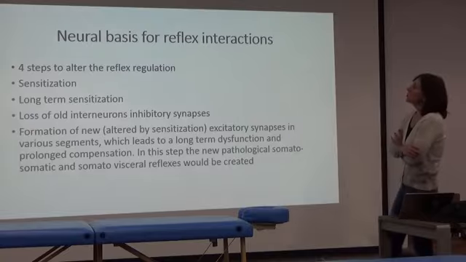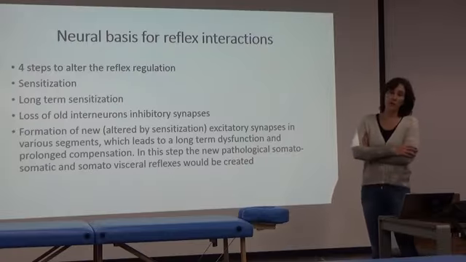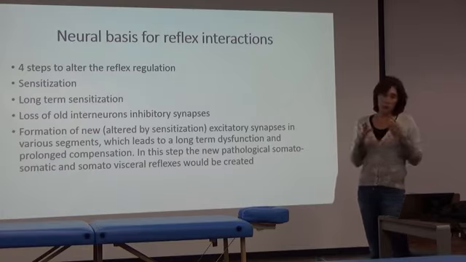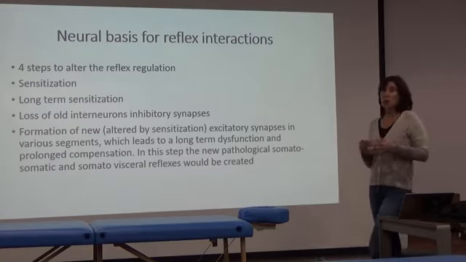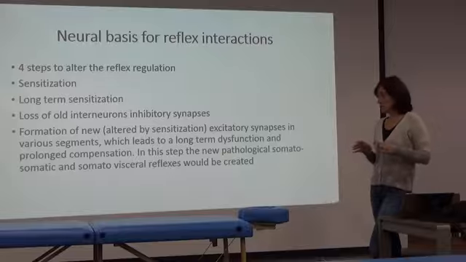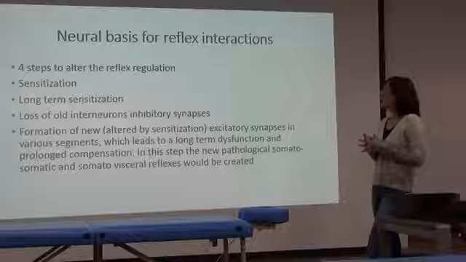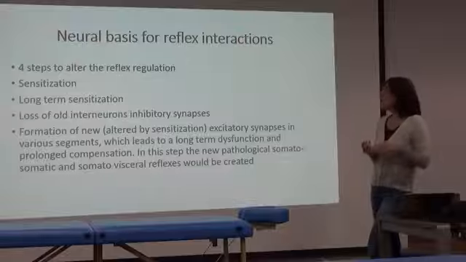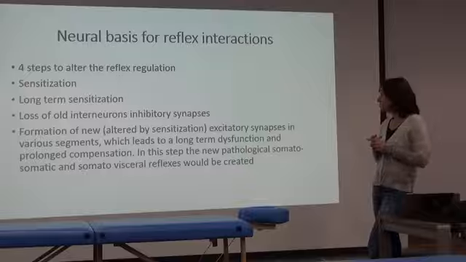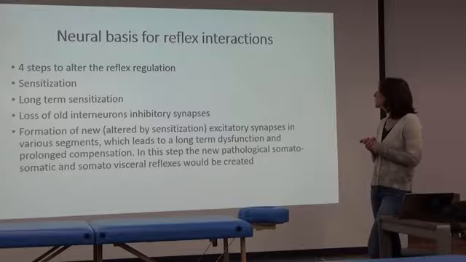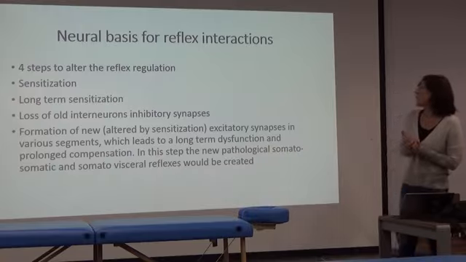There are 4 steps to alter the reflex regulation. Again, normally the stimulus comes in, should be regulated on this special level of the spinal segment, discharged, dealt with, and discharged completely, and going back to the normal reflex activity. Then we have altered reflex when we have sensitization, long-term sensitization, loss of old interneuron inhibitory synapses, and formation of new excitatory synapses in various segments, which leads to a long-term dysfunction and prolonged compensation.